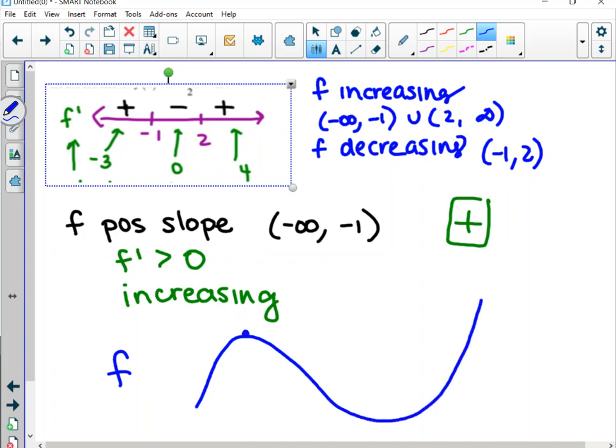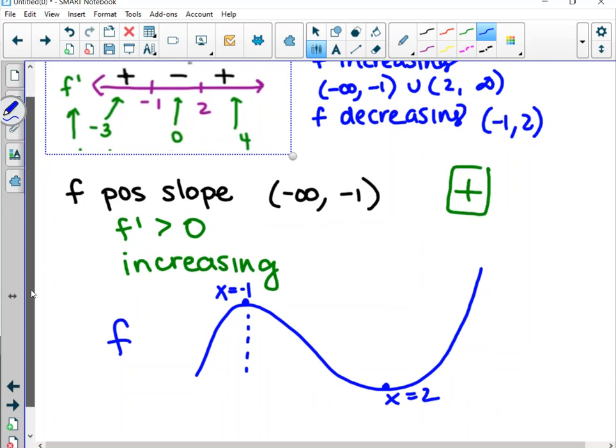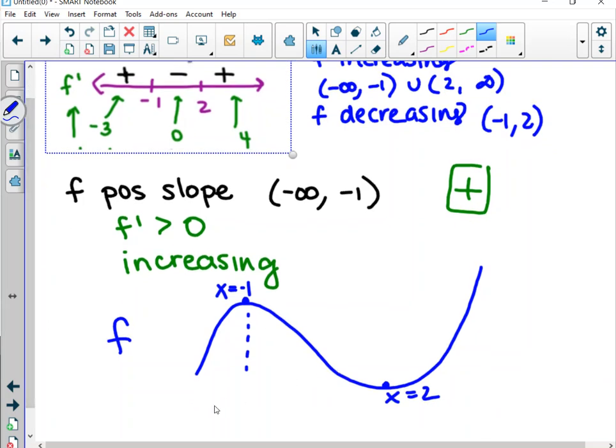And this turn right here is at -1, and this turn right here is at 2. I don't have any y's indicated, but I know it goes up, then down, then up, increasing, then decreasing, then increasing, with a turn lining up with -1, and then the next turn lining up with 2.